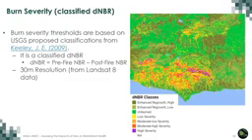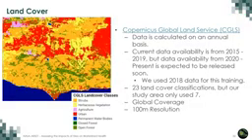The next layer we'll be working with today is the Copernicus Global Land Service land cover data. This data has global coverage and is calculated on an annual basis, but the Google Earth Engine version has not been updated since 2019. The data also has 100-meter resolution, so that's something to keep in mind as well.